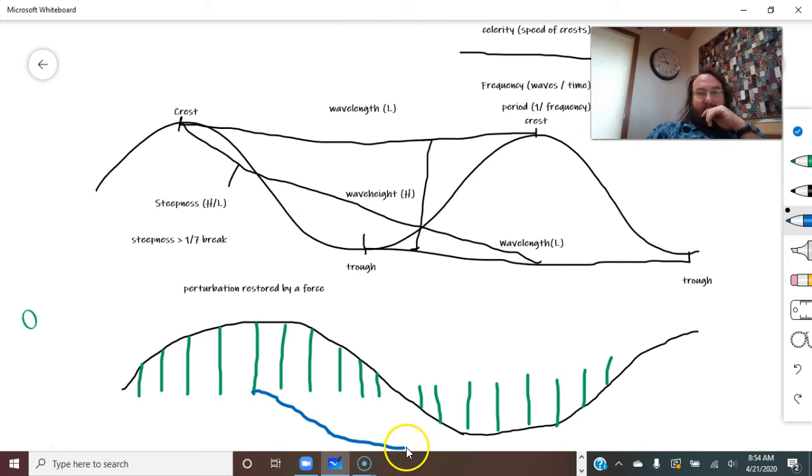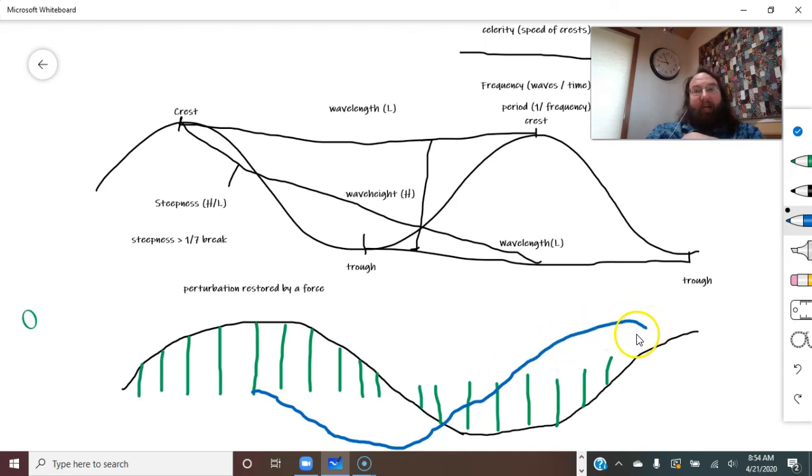And then here your upward motion gets stronger and stronger, and it's moving more and more upward. And so what you see is this sort of out of phase behavior.